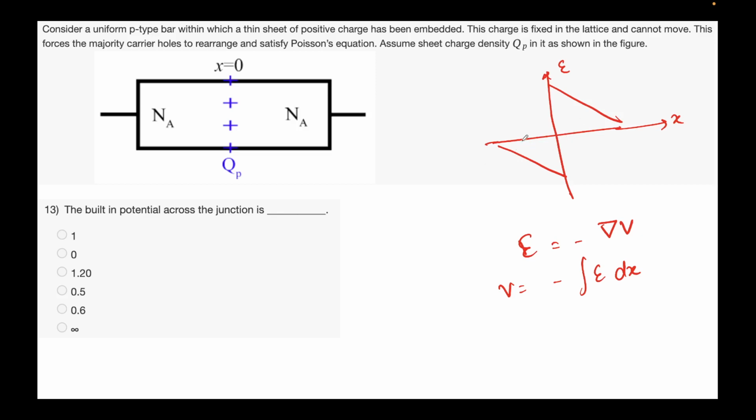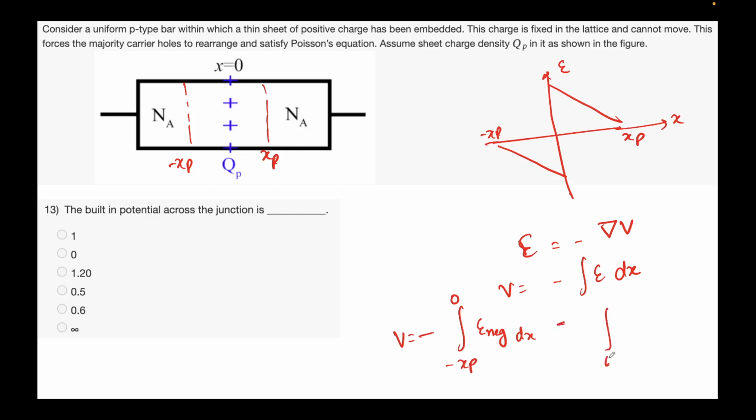Now let's break this integration. I'll write it as E negative from minus xp to 0. This is minus xp, this is xp, and here is your depletion region. There is a minus sign here, so that stays there.